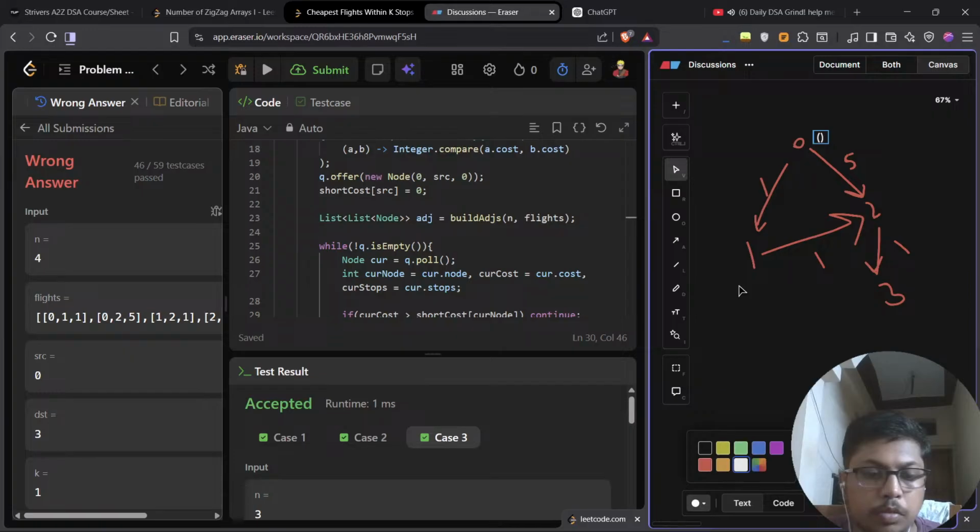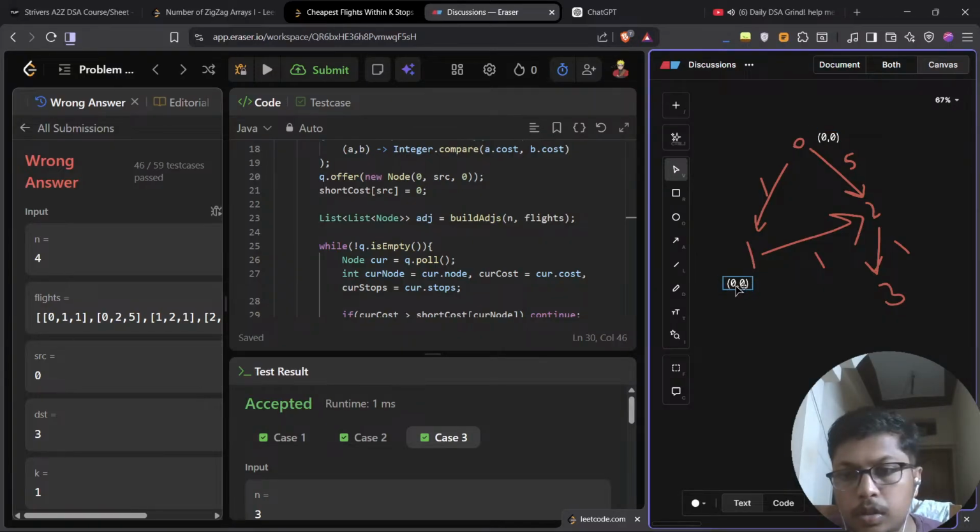The cost would be 0 and the steps 0, right? Now at this point, the cost as well as the steps become 1. At this point, cost will be 2 and steps will be 2.